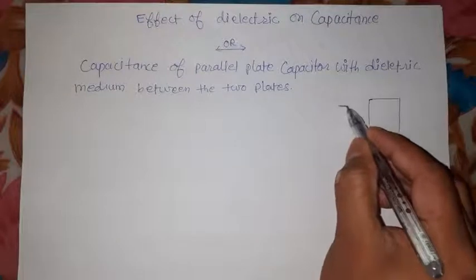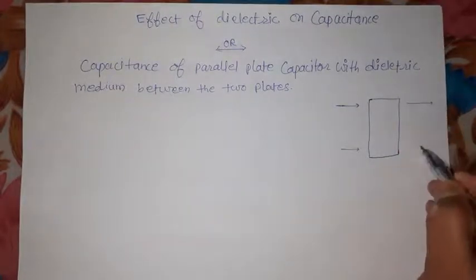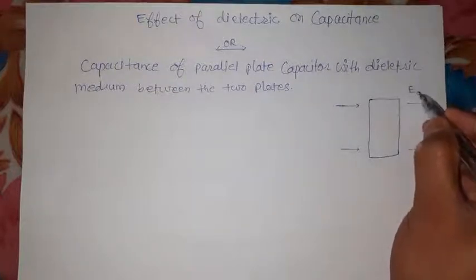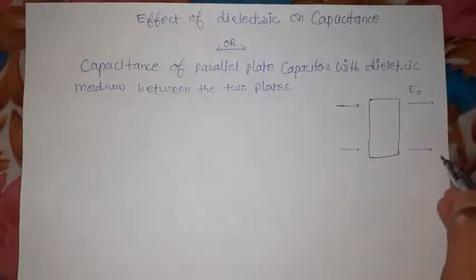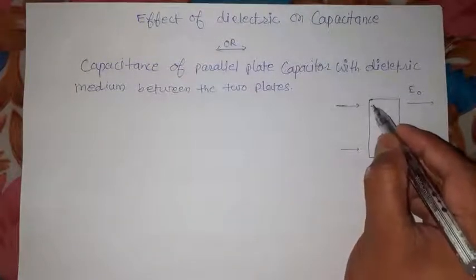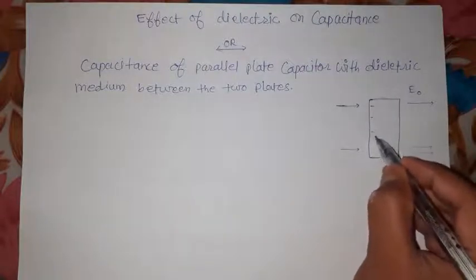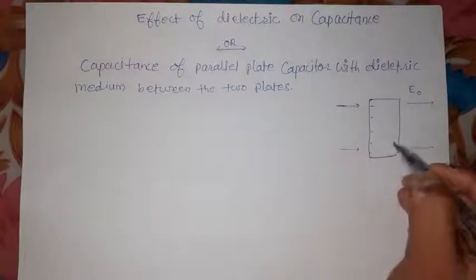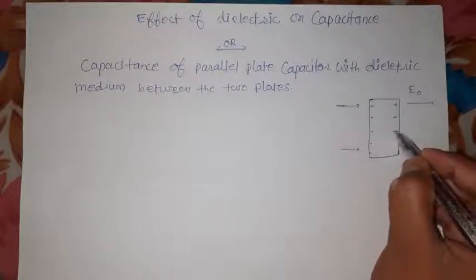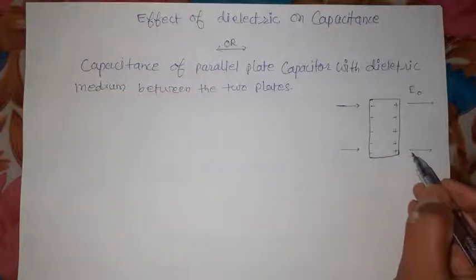When it is placed in the exterior electric field, charges get induced on its surface. The negative and positive charges feel the force of the electric field and go to the farther faces.